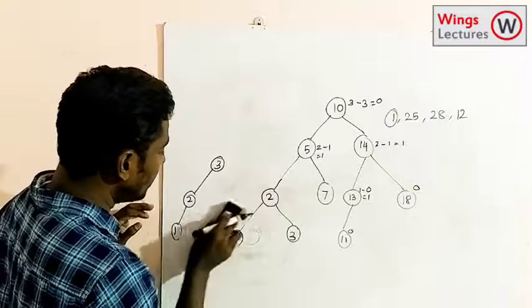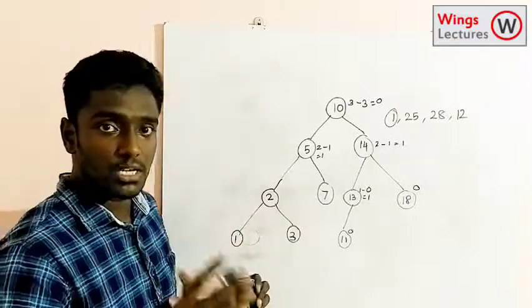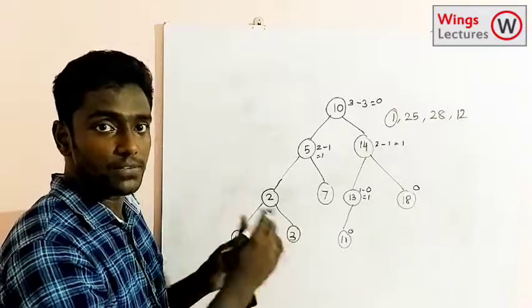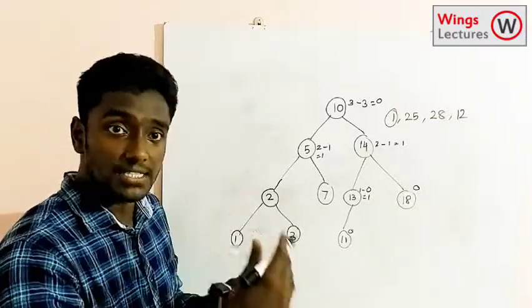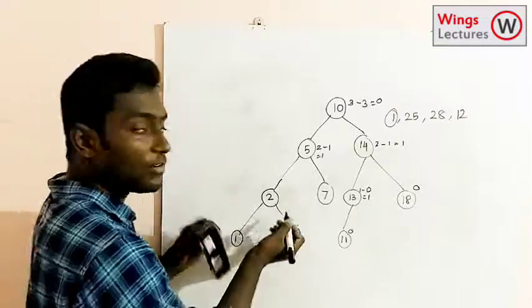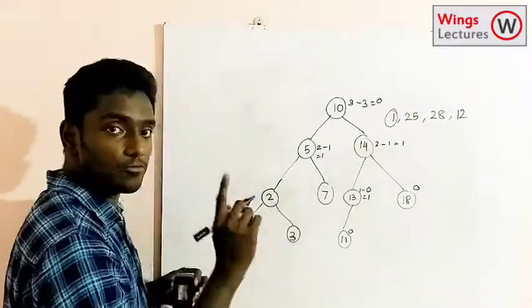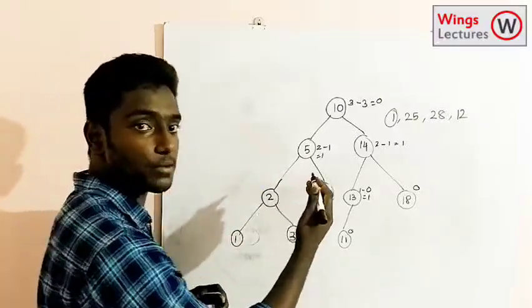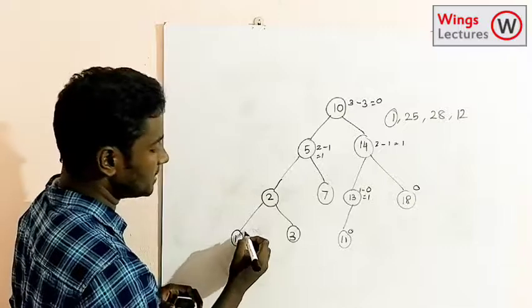After making it balanced, again you have to check for each and every step the balance factor of the tree, after inserting every element as well as after rotating one stage. Here I have rotated at one stage, so again I have to check the balance factor. Balance factor of 1 is 0.